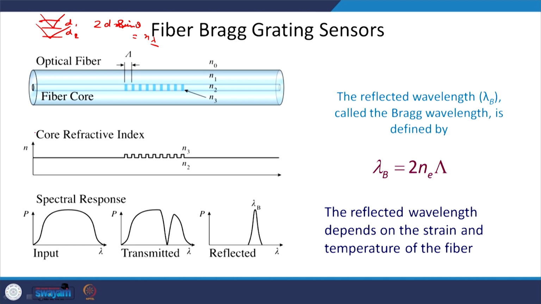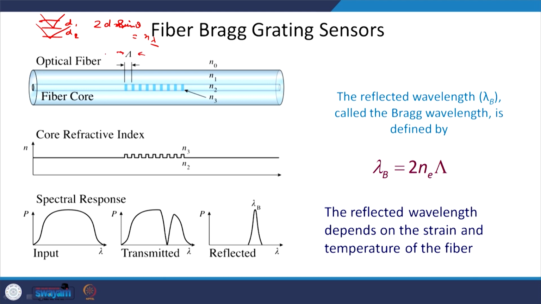You can see here a cartoon of an optical fiber Bragg grating, where the refractive index of the core is modulated in such a way that it shows a periodic variation. It goes high and low and high and low. The length of one period is called the pitch of this grating, given by capital lambda.